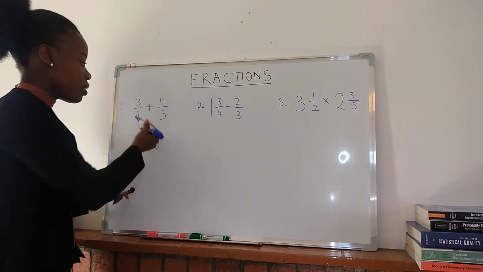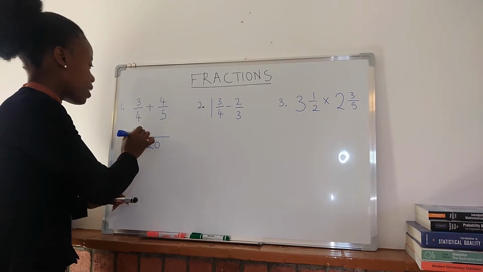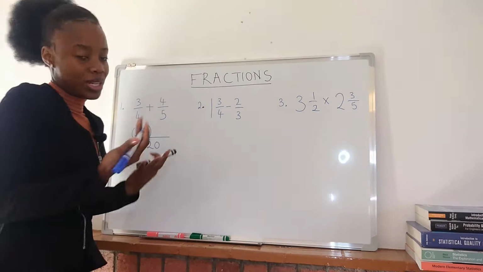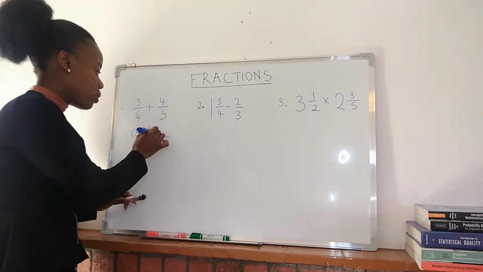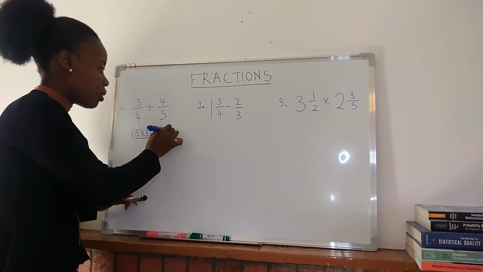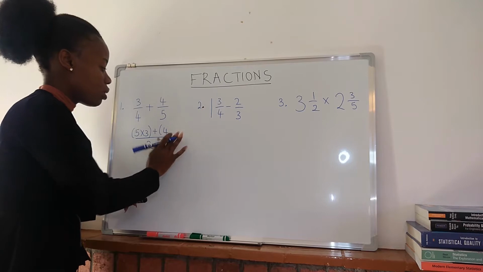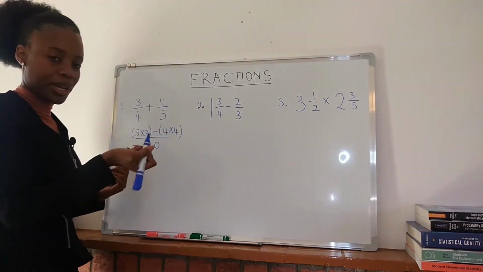And then you say 4 into 20 is 5. 5 times 3, or you can just cross and multiply. 5 into 20 is 4. So we're going to have 4 times 4, right? Or cross and multiply.